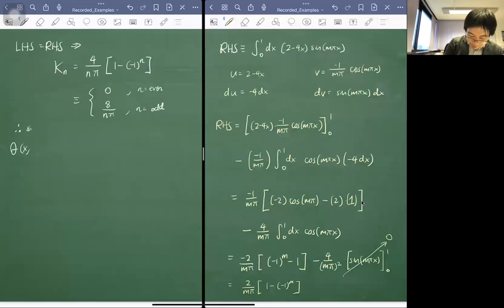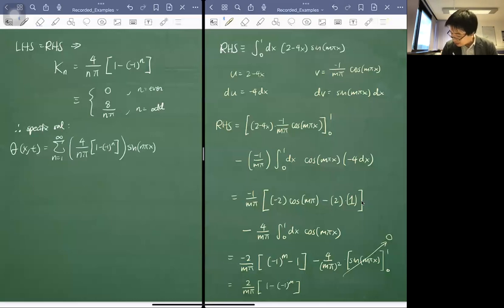We therefore have the specific solution for theta. The specific solution is now the sum from 1 to infinity, and either way is fine. You can write it like this, 1 minus this, and have the sine n pi x and the e to the minus, remember k was 4, so n pi squared t, like this.